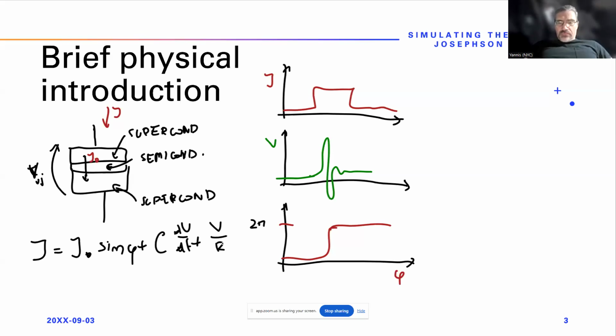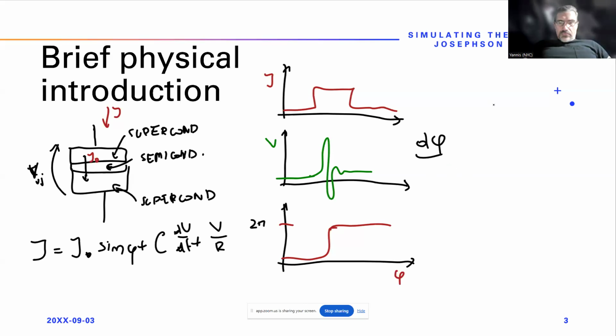But the most important dependence here is the dependence of the rate of change of the phase across the junction of the superconducting current, and it is the phase difference. Yes.